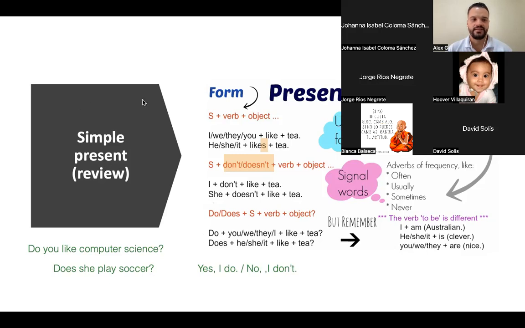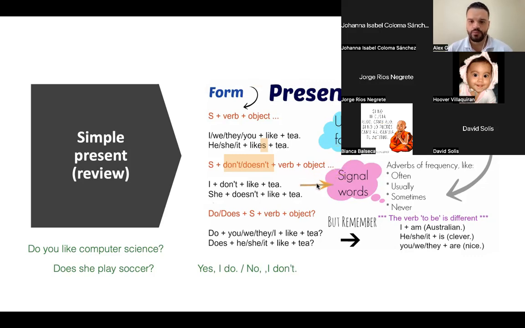Okay. What about Joanna? Joanna, can you please read this? Facts, habitual actions, things that don't change, describe yourself. Excellent. So the simple present is going to be used for these.